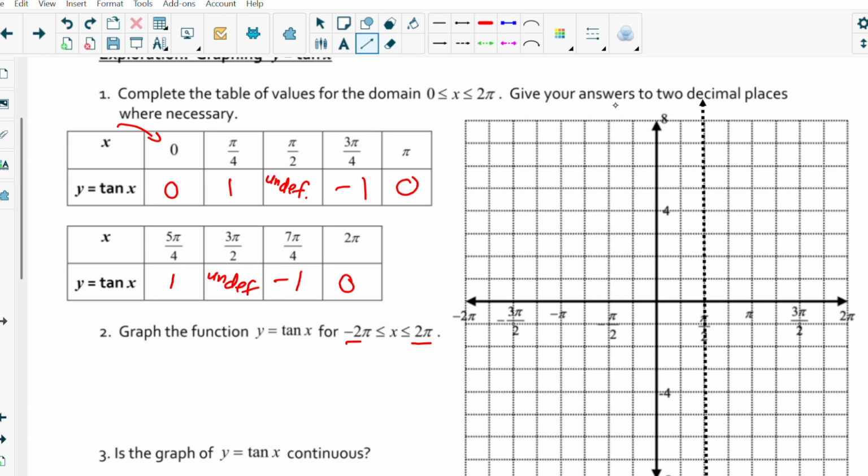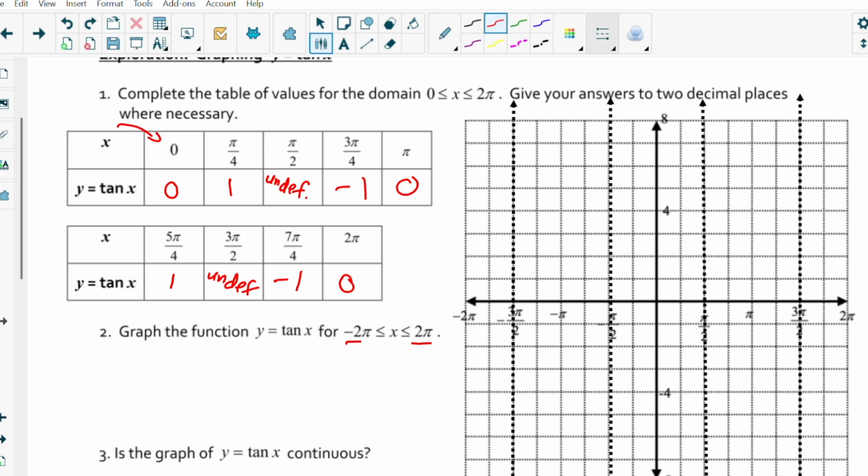That's one asymptote. Another asymptote. And then another asymptote. As I'm doing this, think about the pattern you see with the periodicity of the asymptotes. Okay, so those are the asymptotes.